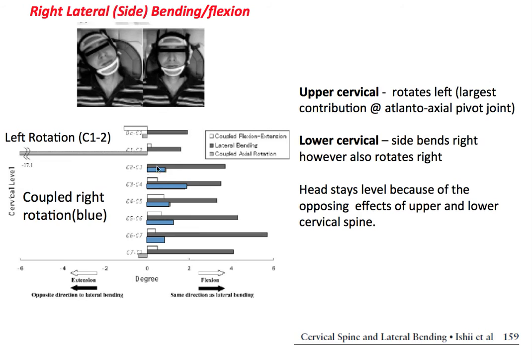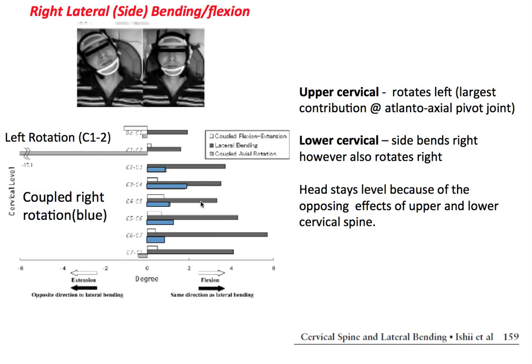So the central theme is that the sum of the side bending that occurs below C2 is really getting some contributions from each segment. We can see here there's 2 to 4 degrees. Here's 6 degrees from each segment. And so if we tallied all these, that would be about how much motion this man's getting in the lower cervical spine. And then the upper throws in a little bit.